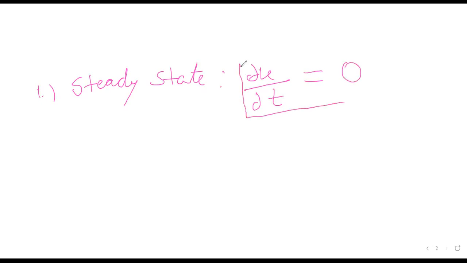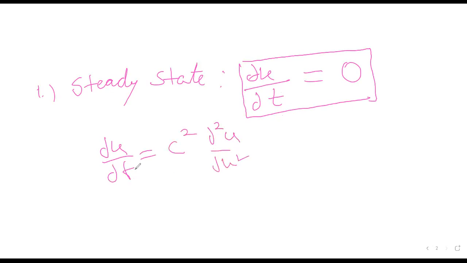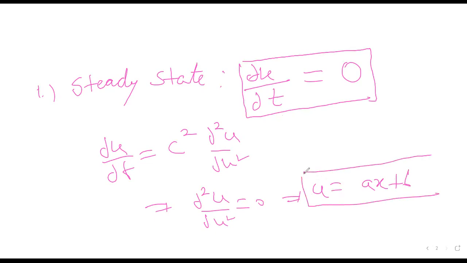Now the heat equation is del u by del t equals c square del square u by del x square. So if del u by del t becomes 0, this implies that del square u by del x square equals 0, which gives u equals ax plus b as the solution, for some constants a and b. So this will be your steady state solution.